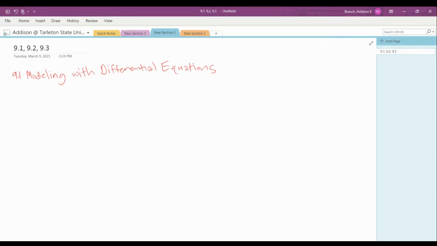So first off, let's go ahead and start by defining what a differential equation is.